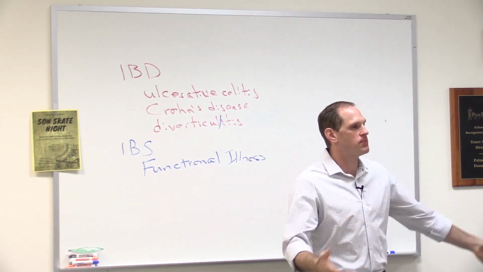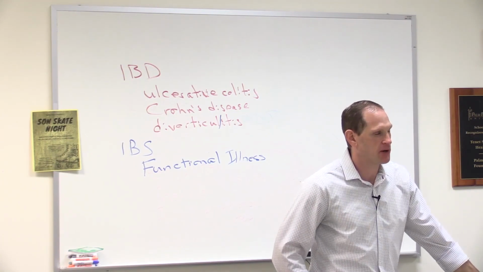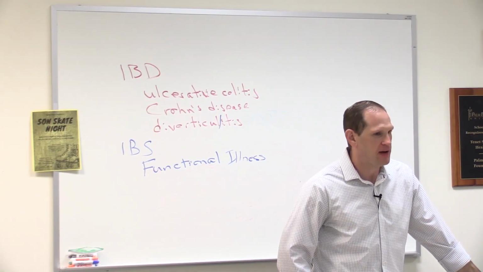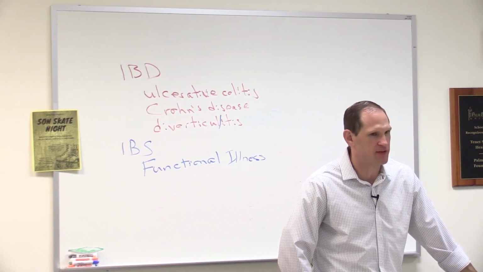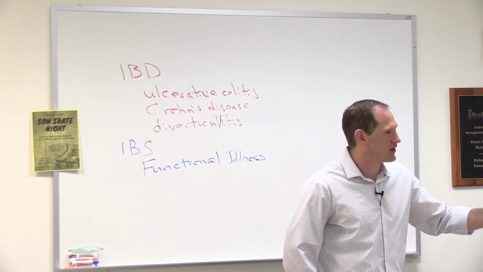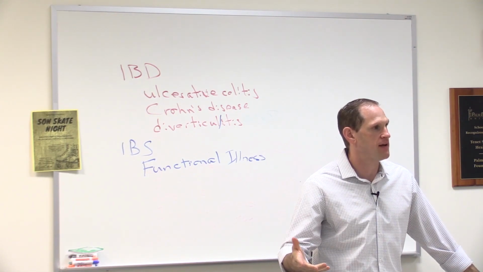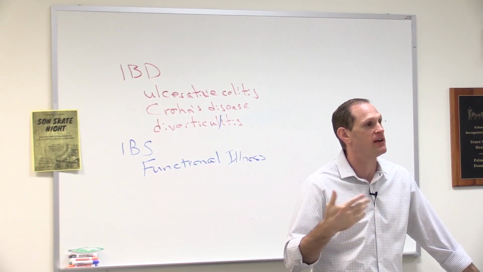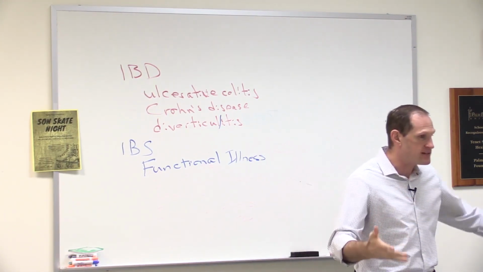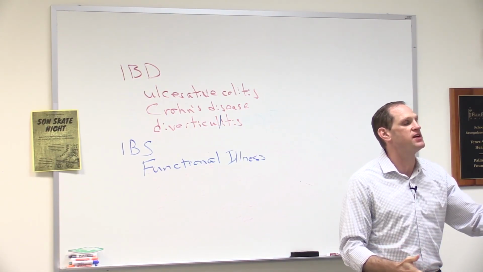You don't like the way your body functions. Your complaint is, I feel bloated, I've got pain, I've got constipation, I've got diarrhea, I can't eat whatever kind of food without having to have diarrhea. That is a functional illness. You don't like the way your body functions. But when we do the tests, as it turns out, there's no disease.